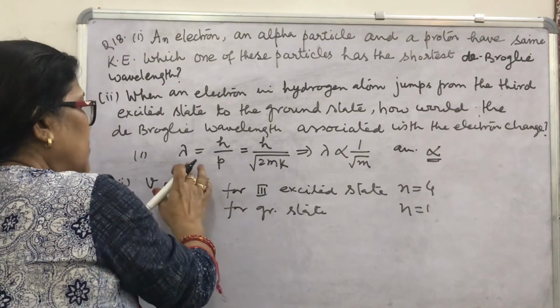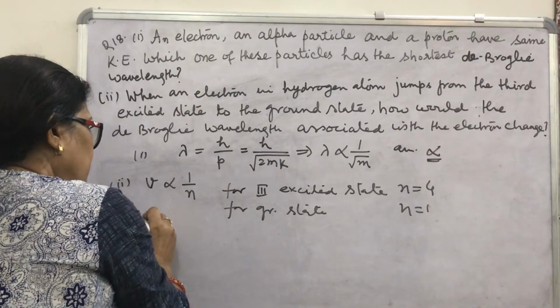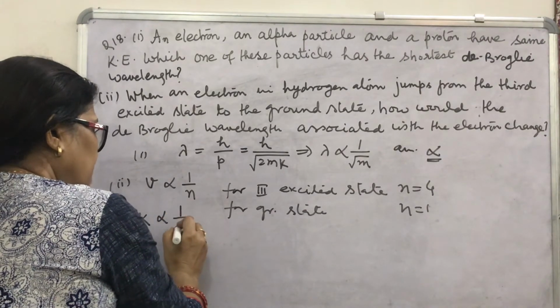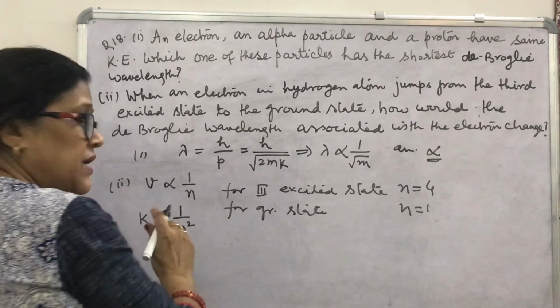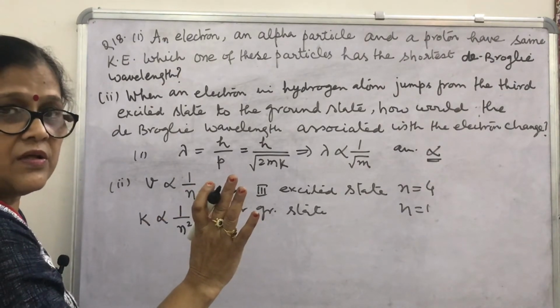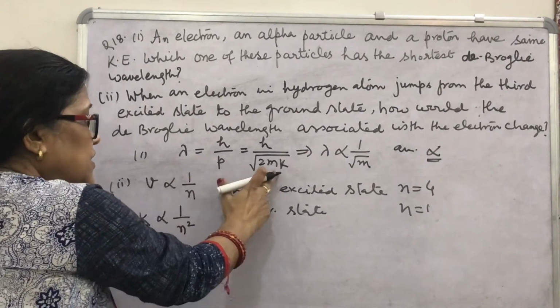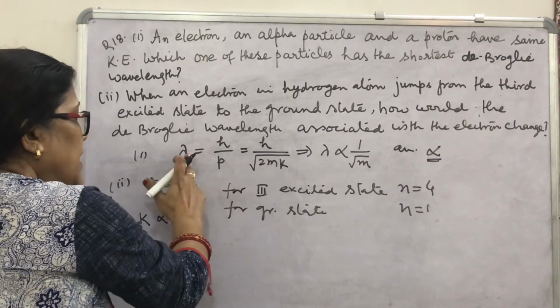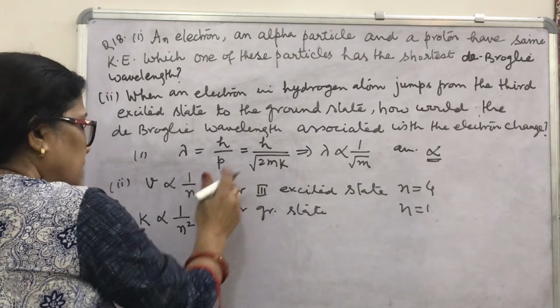Now, what is the kinetic energy? If V is inversely proportional to n, then the kinetic energy will be proportional to 1 by n square, right? From this relation, you know lambda is the de Broglie wavelength. How are lambda and kinetic energy related?